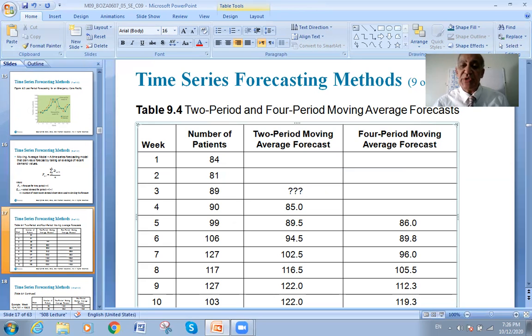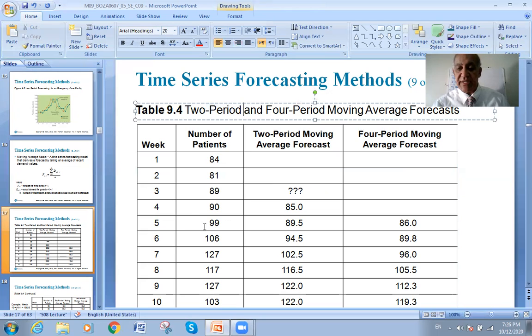Based on two periods forecasting, I will add 84 and 81 and divide them, because I said two periods. So I will add them and divide them by 2.